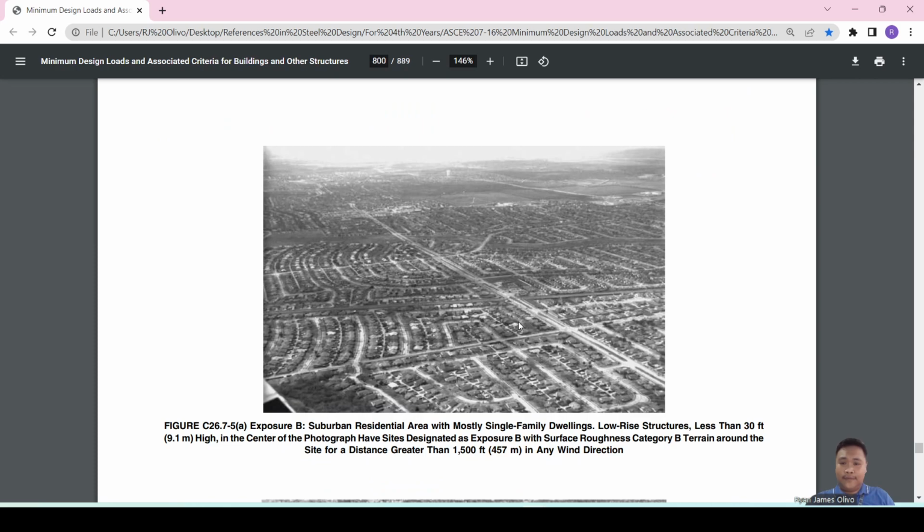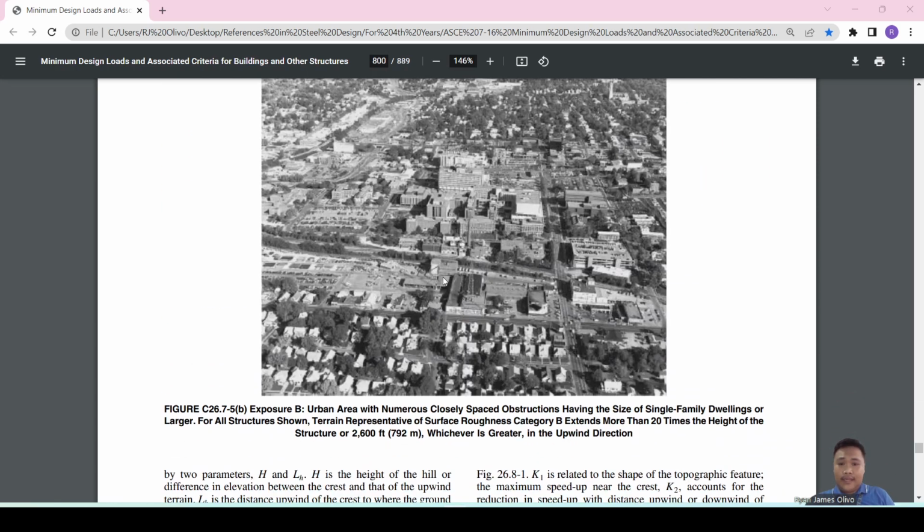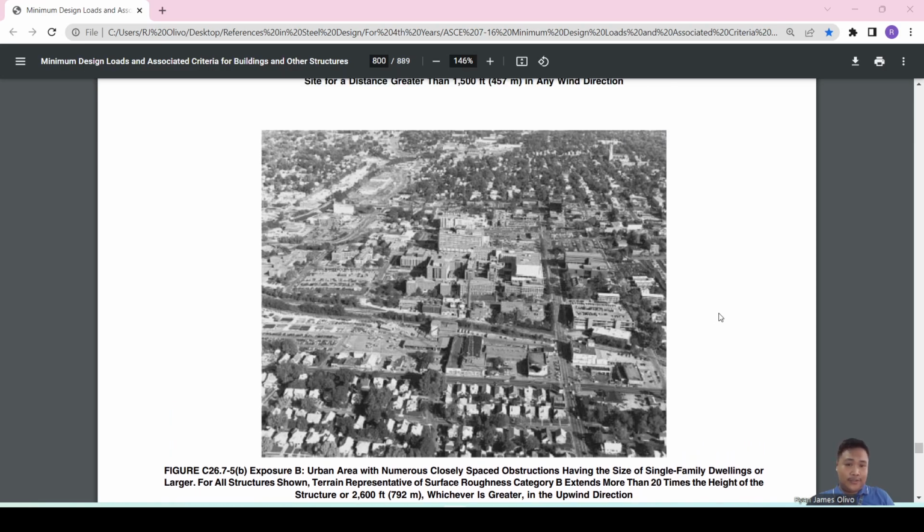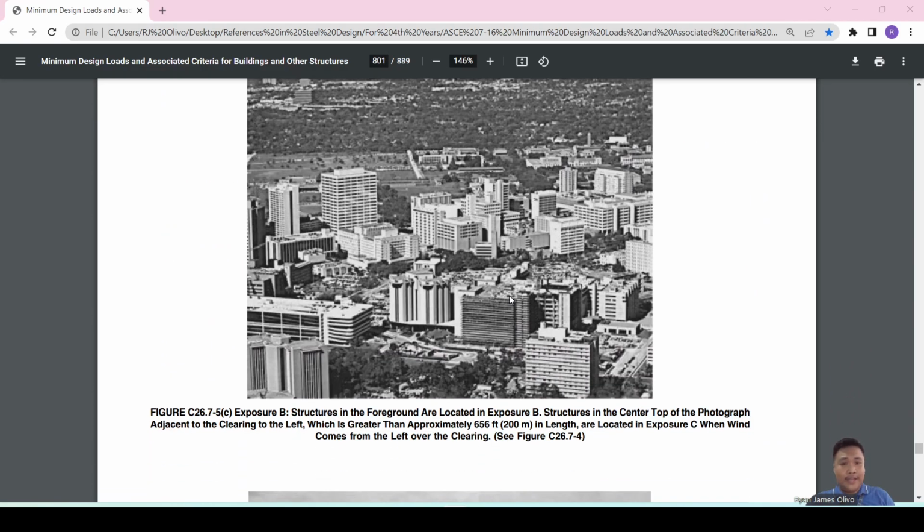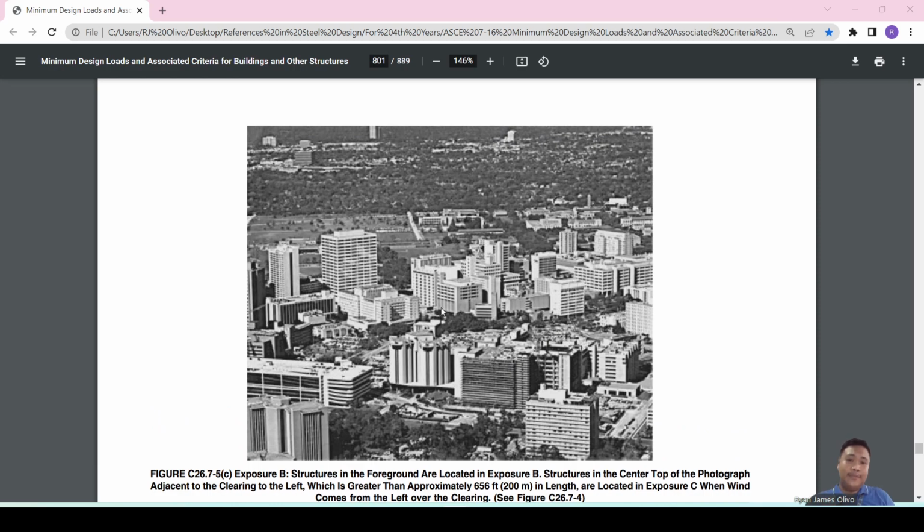For example, in this terrain or surface, you can see there are small houses and small vegetation, so consider your exposure category as B. Here also, consider it exposure category B. What if you are constructing your building here?